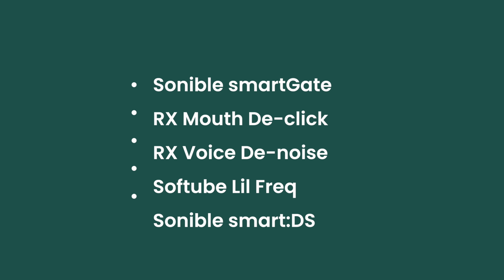I opened up my plugin chain just to see what was going on, and this is what I had active. Sonible SmartGate, RX Mouth Declick, RX Voice Denoise, SoftTube Lil Freak, Sonible Smart DS. I turned everything off and that phasiness went away. Okay, that's good. It's not something from my setup.